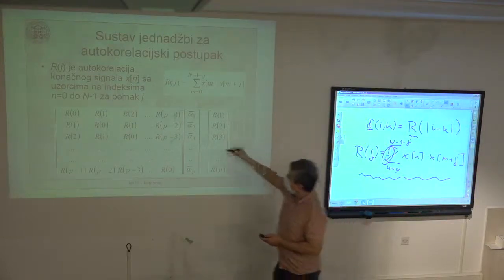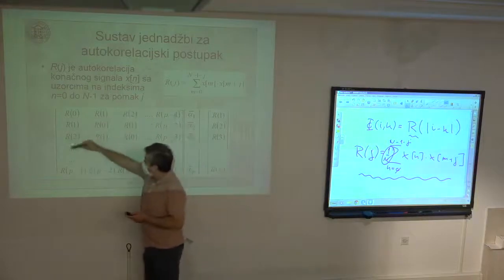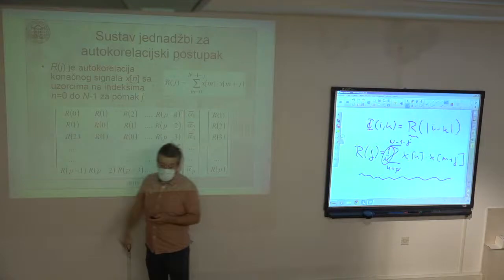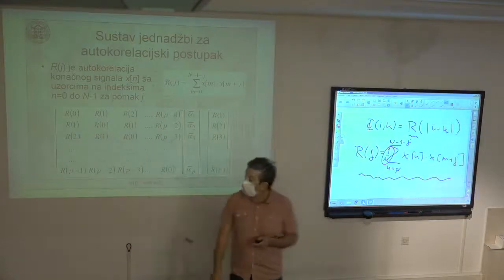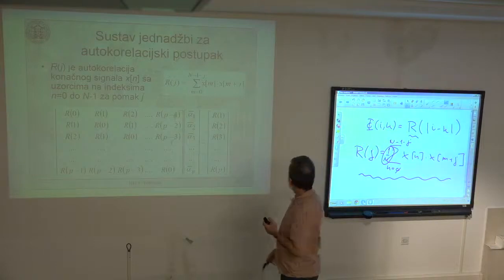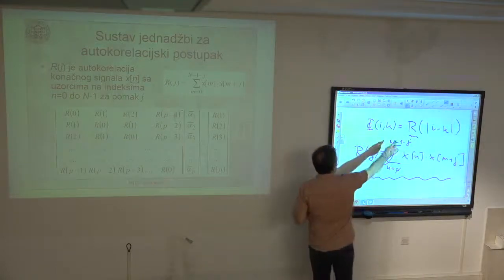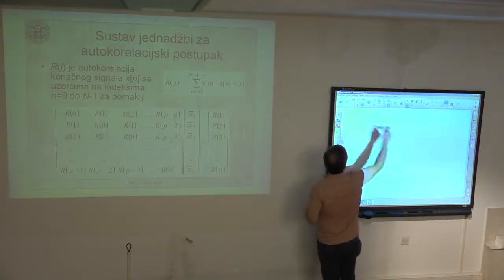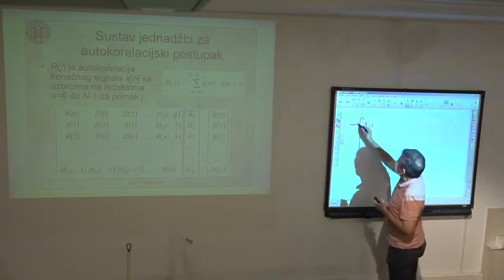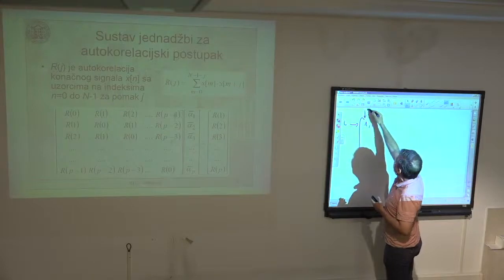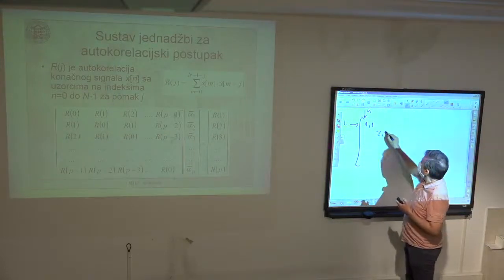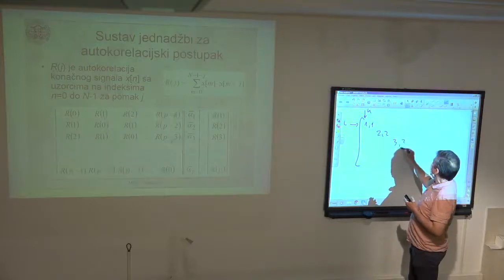So the element of the matrix, instead of phi(i,k), is r of the absolute value of i minus k. So here it was 1,1: row index i, column index k, okay? 1,1. Then here it was 2,2. Here 3,3, and so on.